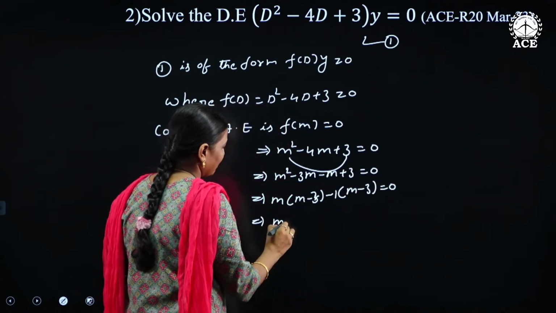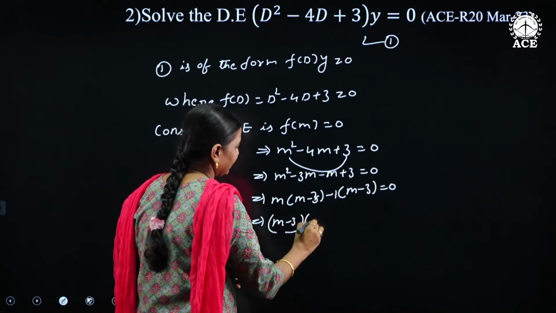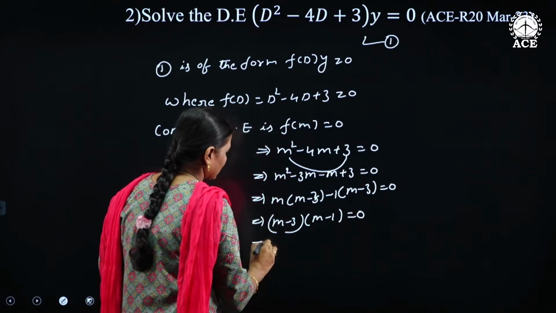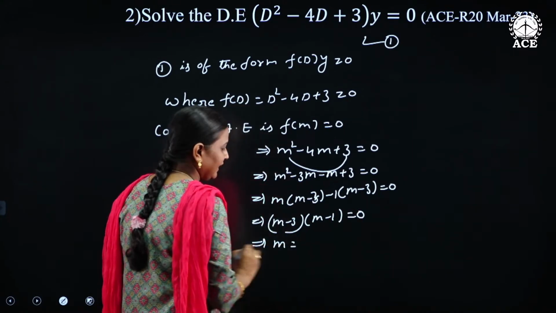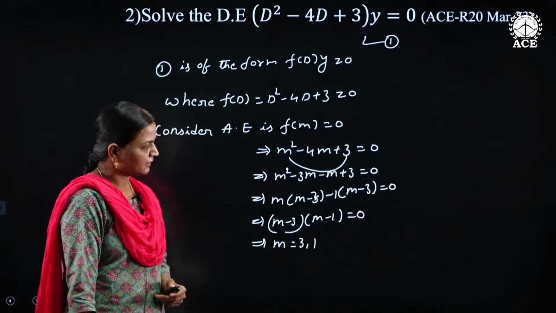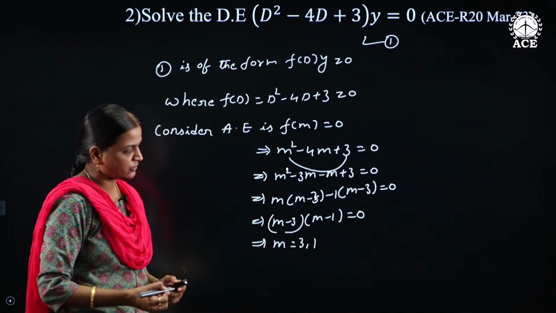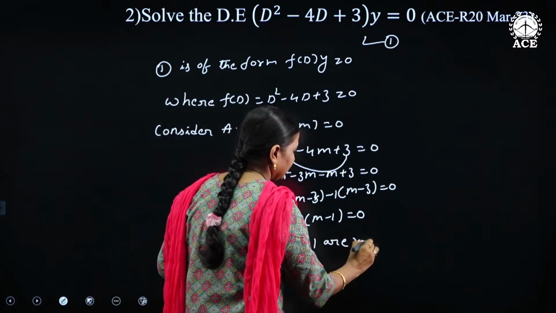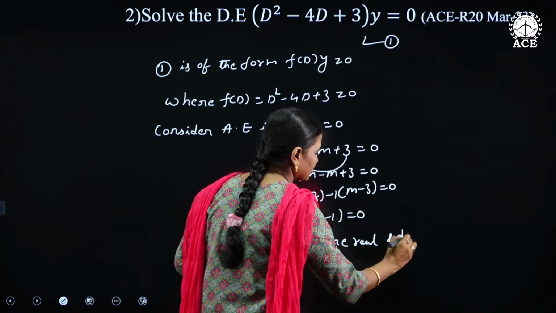Again, taking m minus 3 common, the remaining term is m minus 1 is equal to 0. So m is equal to 3, 1. These are the roots. And what is the nature of the roots? Here 3, 1 are real and distinct.